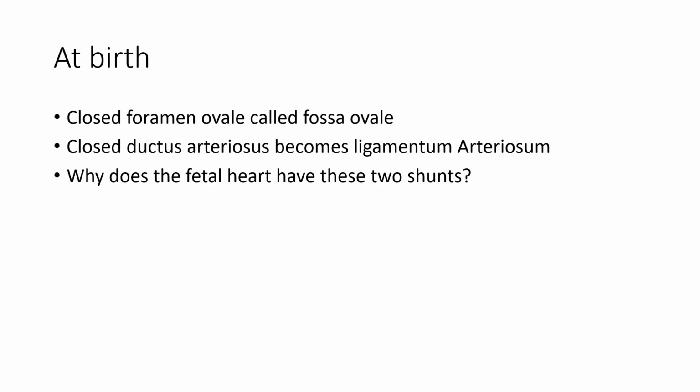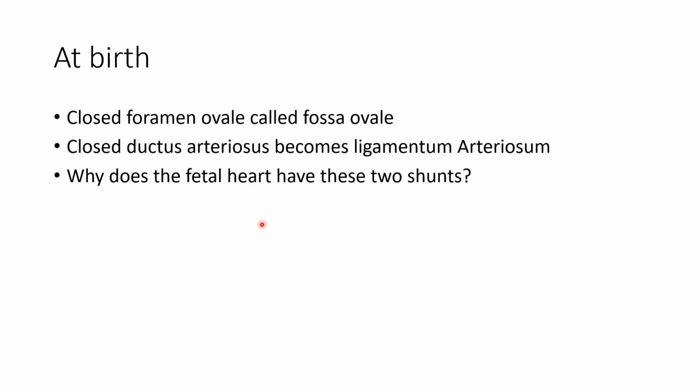Now, like I said, you do have the foramen ovale, and at birth it closes because of a change in pressure. So you now have that hole closed, but you leave a little indentation, which we call the fossa ovalis. There's also a connection between the 2 arteries, the pulmonary artery and the aorta, and that's called the ductus arteriosus, and that closes, giving you the ligamentum arteriosum.